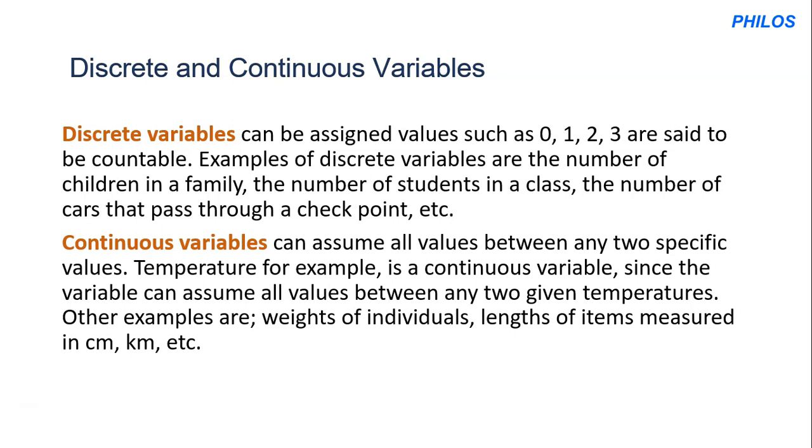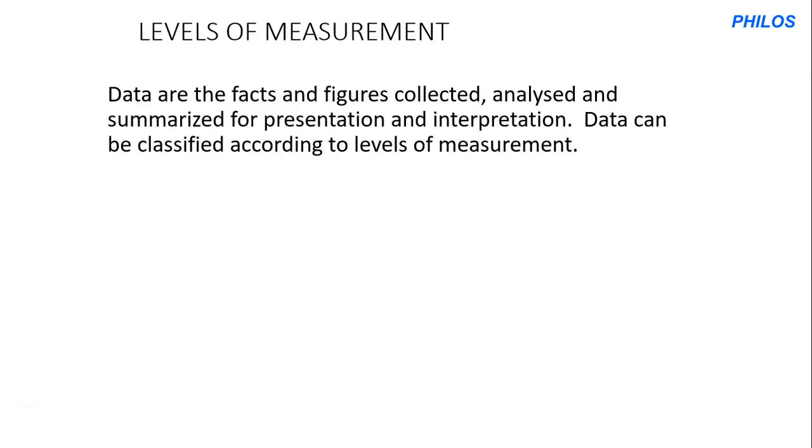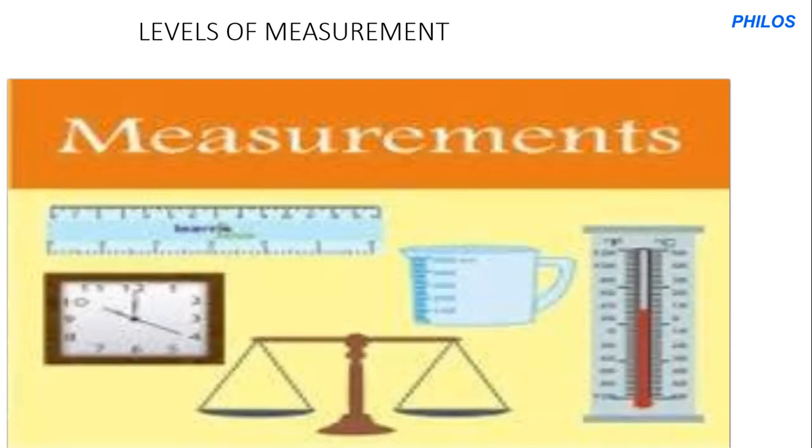So this will lead us to something we call levels of measurement. Data are the facts and figures collected, analyzed and summarized for presentation and interpretation. So data can be classified according to levels of measurement. Now, measurement is the process of mapping or assigning numbers to objects or observations.